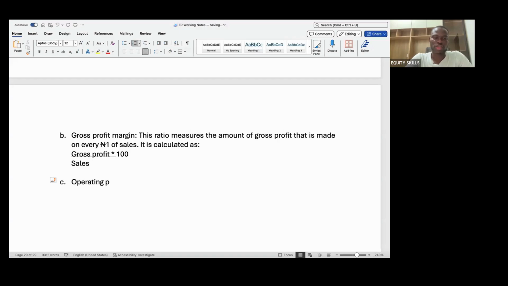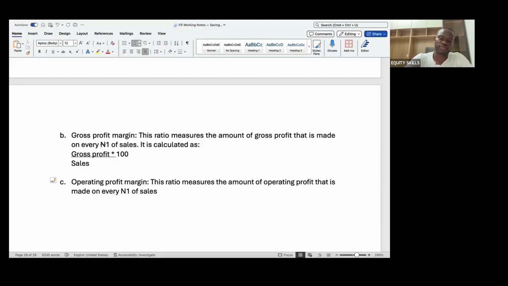The next one is operating profit margin. Again, this ratio measures the amount of operating profits or PBIT that is made on every 1 naira of sales.